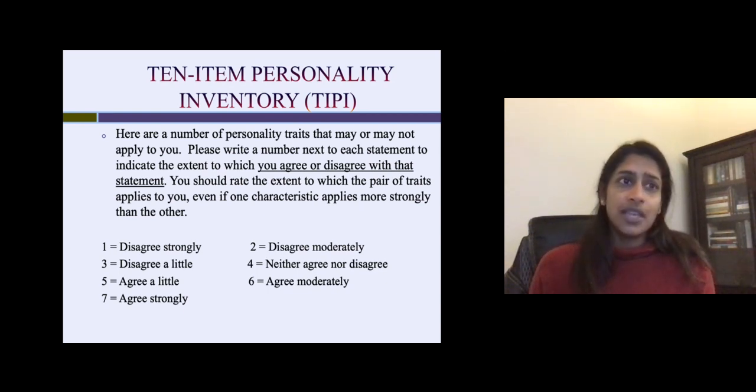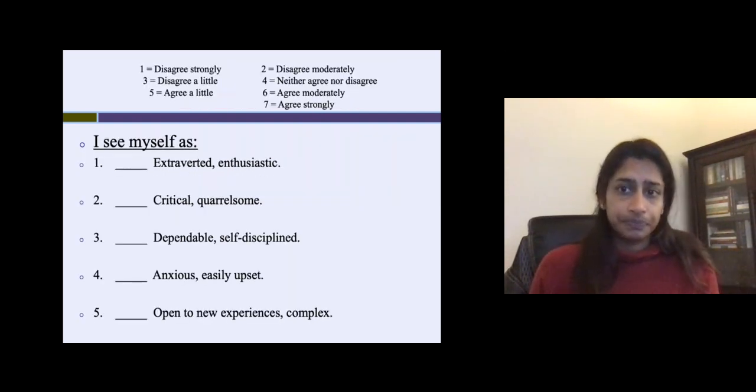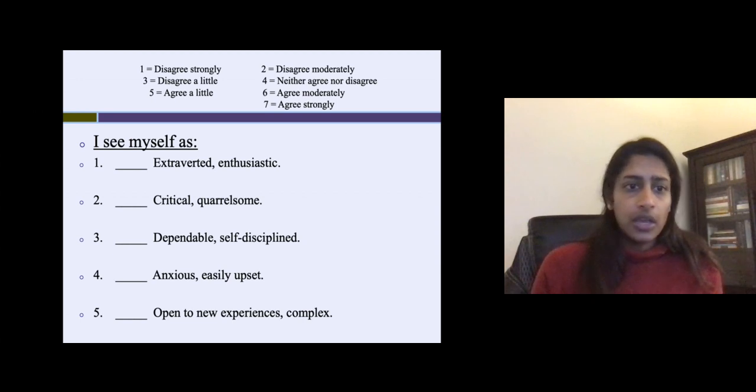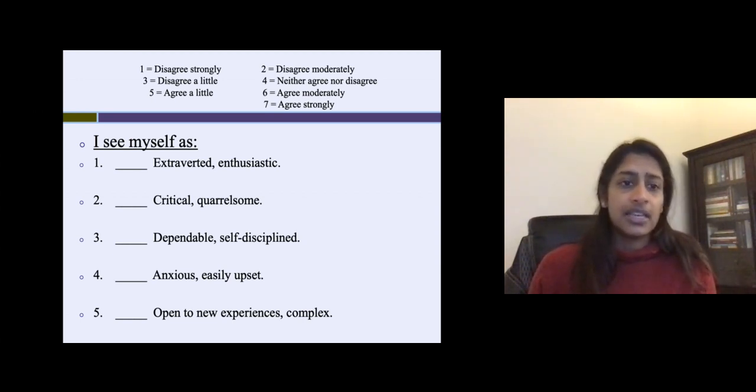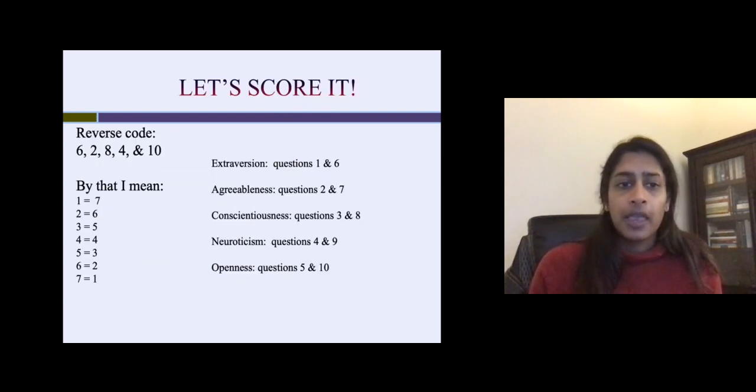It uses the same scale, disagree strongly to agree moderately, but look at how they're asking the questions. So here: extroverted, enthusiastic; critical, quarrelsome; dependable, self-disciplined; anxious, easily upset; open to new experiences, complex. But this is where we get into something very interesting.